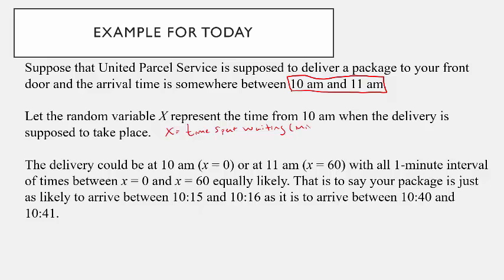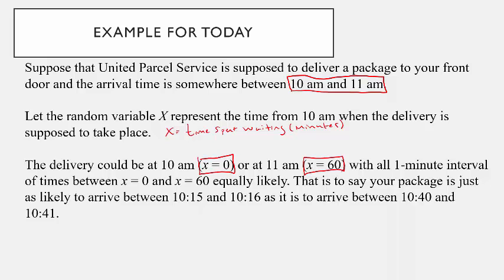We'll define it in minutes. The delivery could come right at 10 a.m. The UPS driver could drop the package off exactly at 10 a.m. and then you would wait 0 minutes. Or the worst case scenario is you have to wait until 11 a.m. and your wait time is 60 minutes. What we're going to say then is that all 1 minute intervals of times between x equal to 0 and x equal to 60 are equally likely.